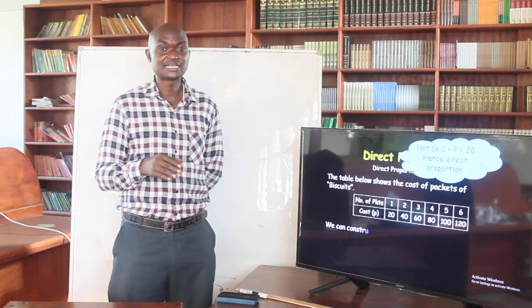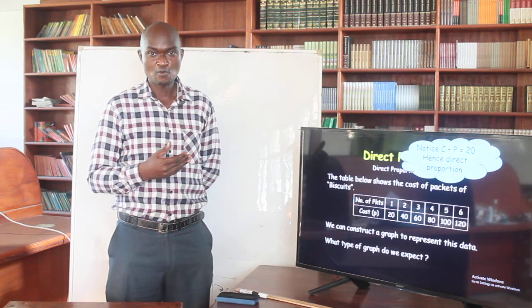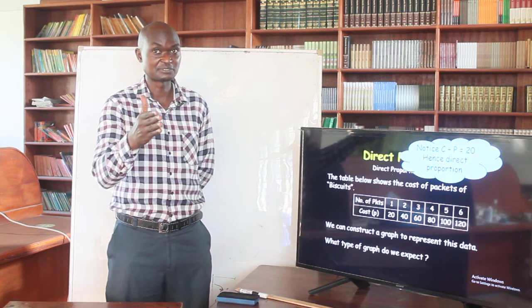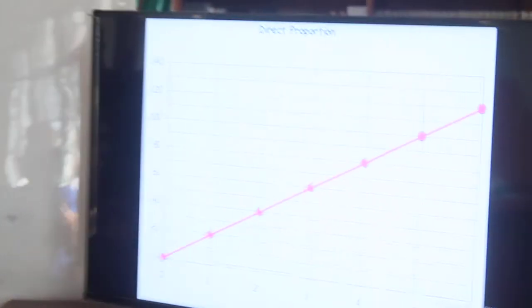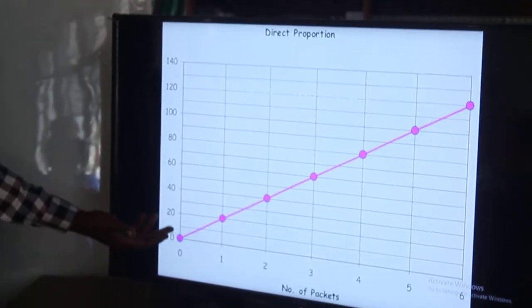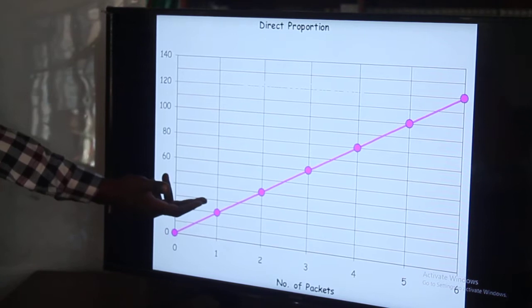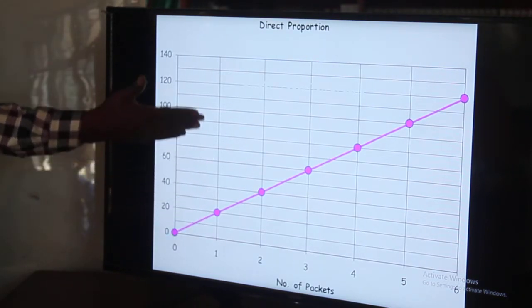So, in this case, we can construct the graph to represent this data. What type of graph do we expect? We expect a direct proportion graph, because that's what the table is showing. And there it is. When you have 0 packets, the cost is 0 pence. 1 packet, the cost is 20. 2 packets, the cost is 40. 3 packets, 60, and so forth.